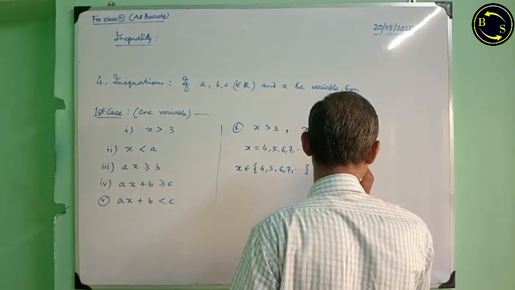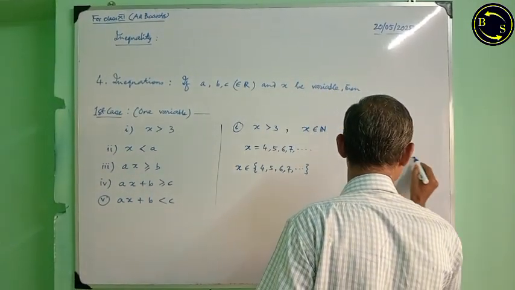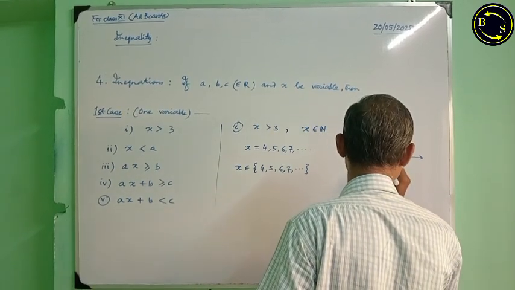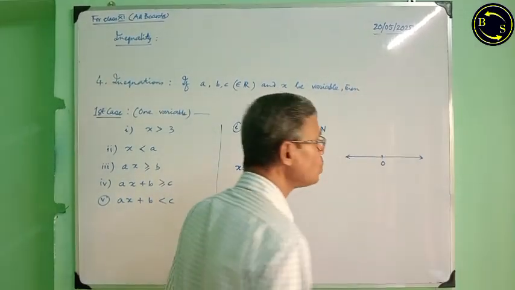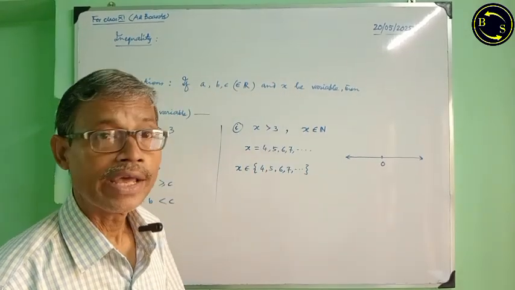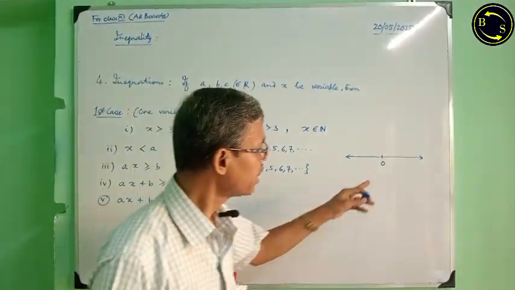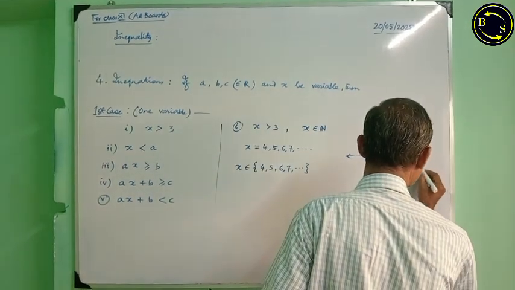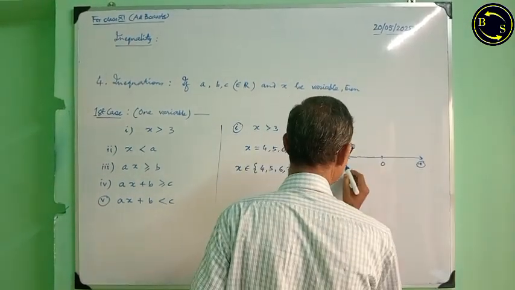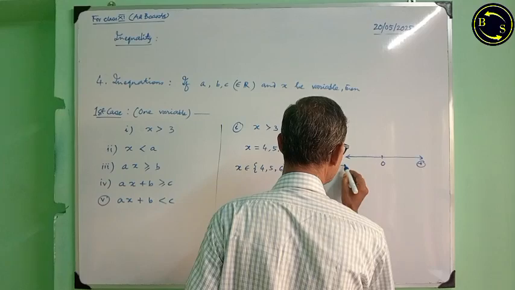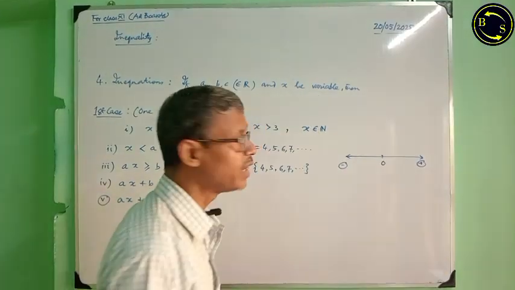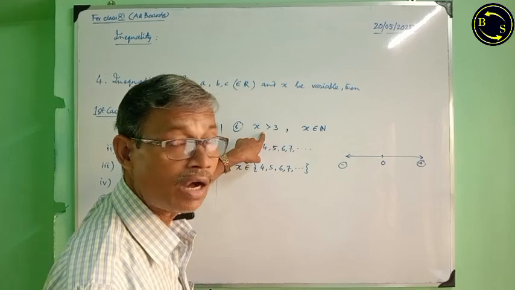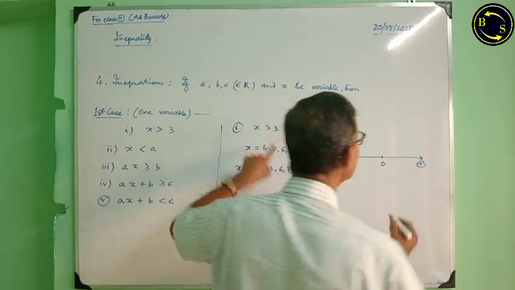I draw the number line. A suitable point lying in the interior is taken as the origin, and the right hand side is positive, left hand side is negative. Now x greater than 3, how do we represent that?